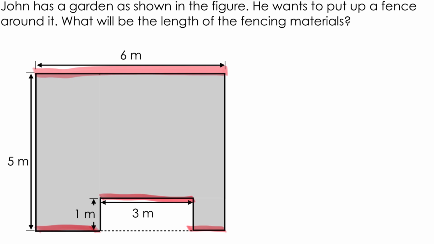So that's including the 3 meters already. From here up until this side, that's 6 meters. And then this side here, which I will color blue, is the same length as this side. So that would also be 5 meters.